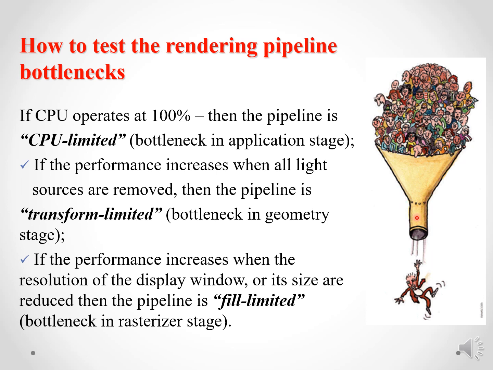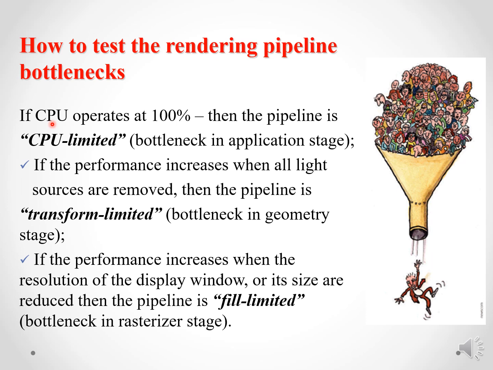So now we want to test at which stage there is a traffic jam. As you learned in the previous slide, the rendering pipeline has three stages: application, geometry, and also rasterizer. So we want to test at which stage there is a traffic jam or the flow is not smooth. So how do we test that?